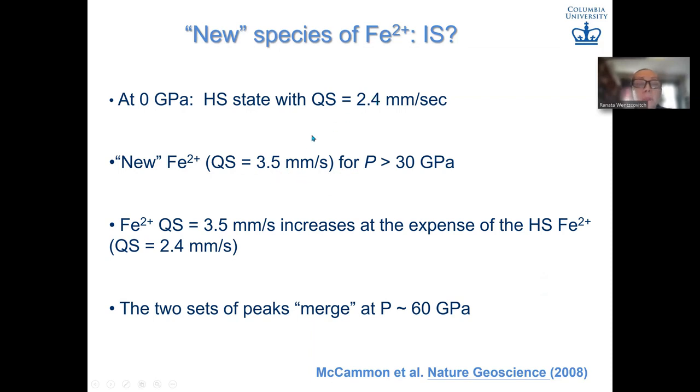Because the quadrupole splitting increased, it could not be a low spin state. The low spin state has almost 0 quadrupole splitting. So it could only be the intermediate spin state, right? And at about 60 GPa, the two sets of peaks merged. You had only one kind of quadrupole splitting, the high quadrupole splitting, the high pressure one, at 60 GPa.